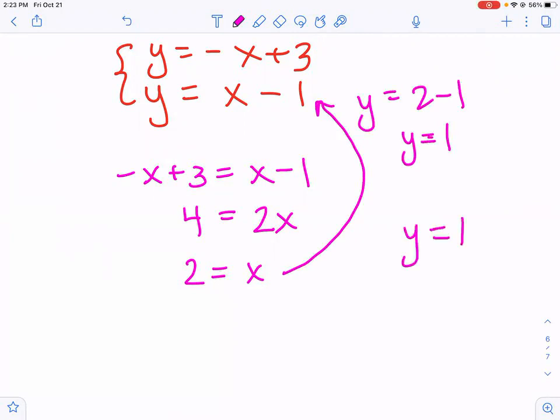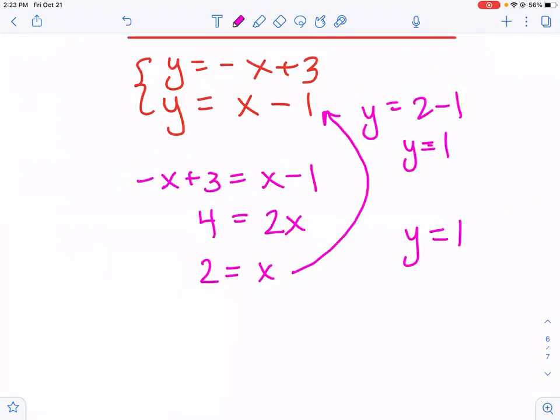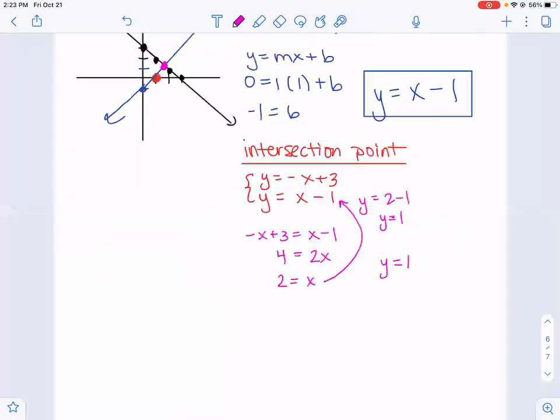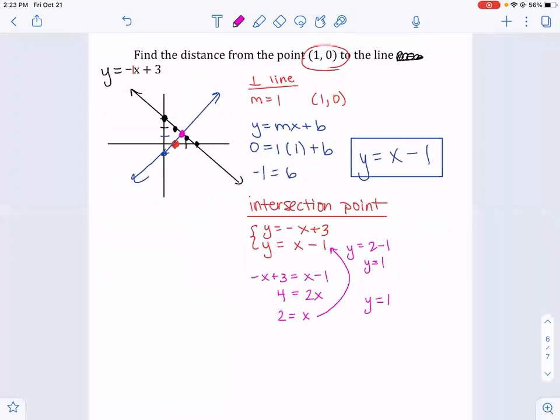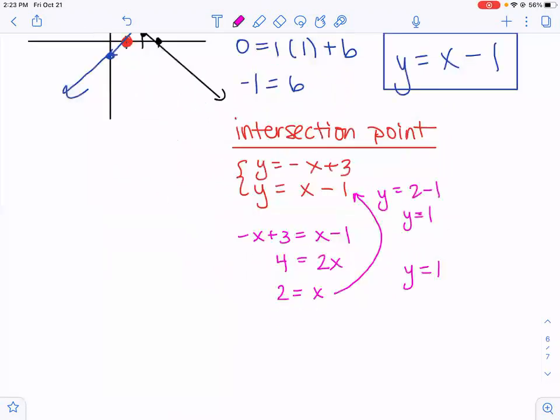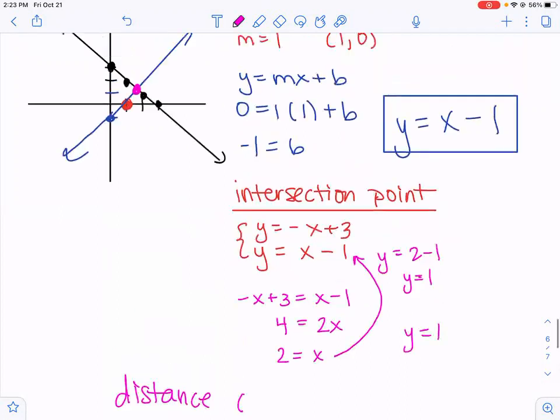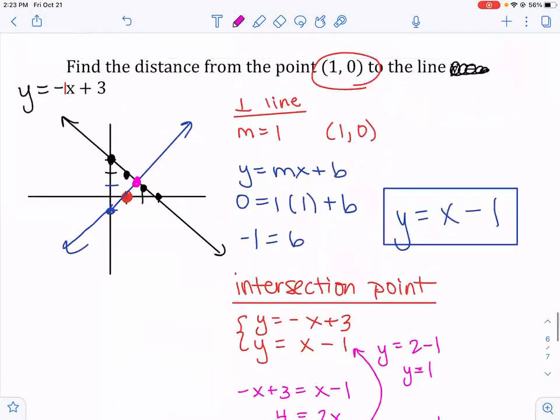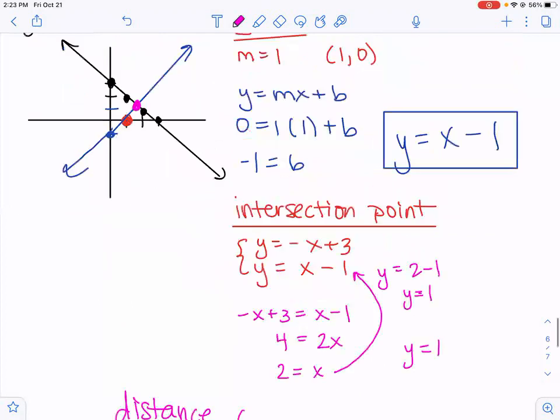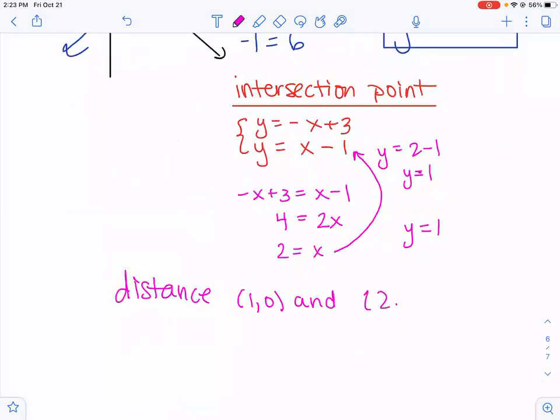People, I'm not done. Have we found the distance? So now we need to find the distance between the coordinates 1, 0 and this point. We found x and y: 2, 1.